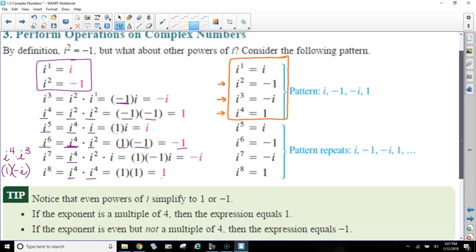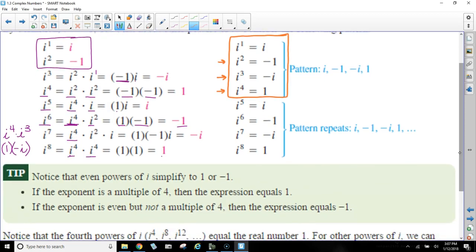So a couple of things to notice about this pattern is that even powers of i, like i squared, i to the fourth, i to the sixth, i to the eighth, either result in a 1 or a -1 when simplified.